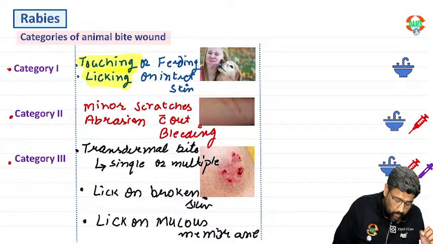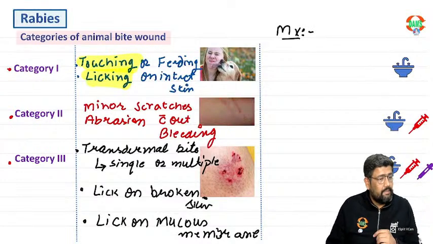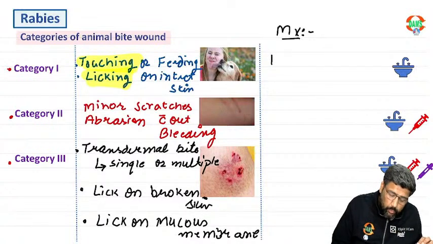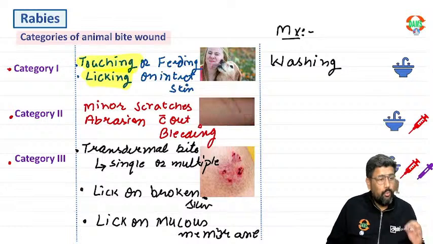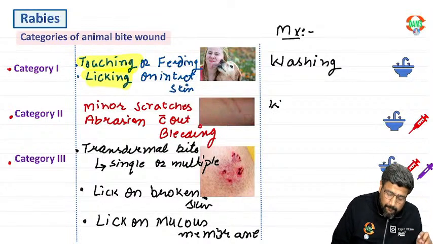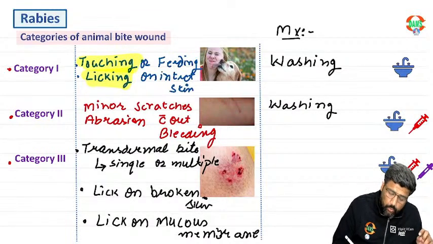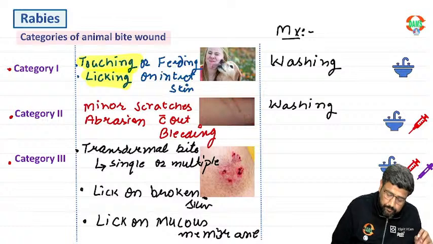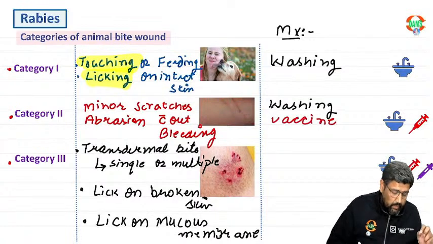Now guys, what about the management? How would you manage these categories? Category 1, you only need washing. Category 2, with washing, you also need vaccine.